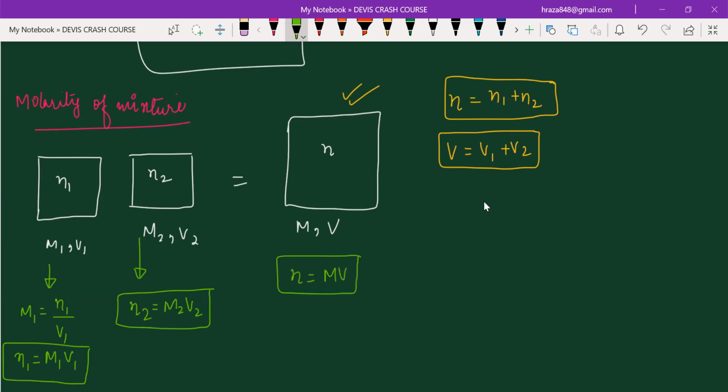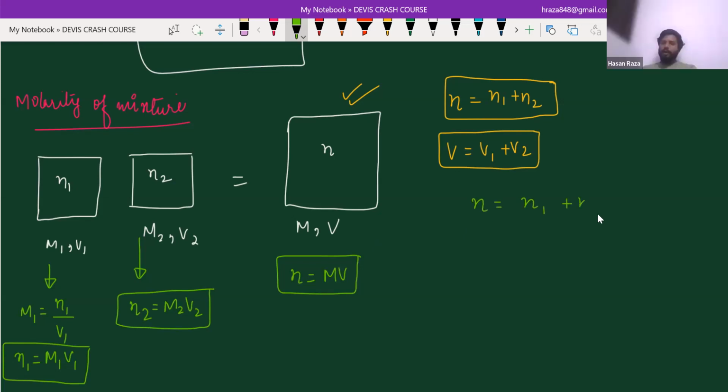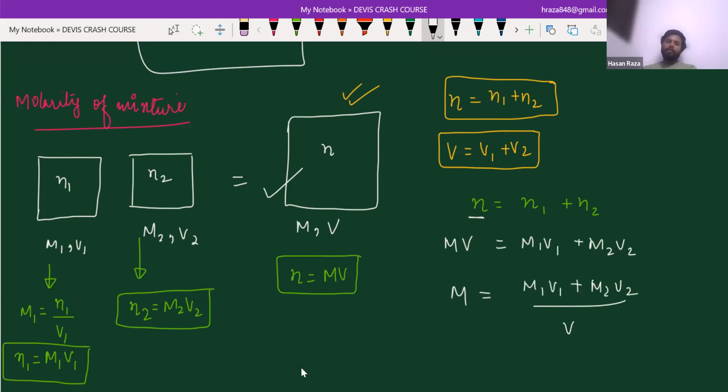In the same way, for the bigger container N is equal to MV. And as we know that N is equal to N1 plus N2, in place of N we write MV, in place of N1 we write M1 V1, and in place of N2 we write M2 V2. Here the resultant molarity in the bigger container M, we get the formula M1 V1 plus M2 V2 upon V, and this V is equal to V1 plus V2.